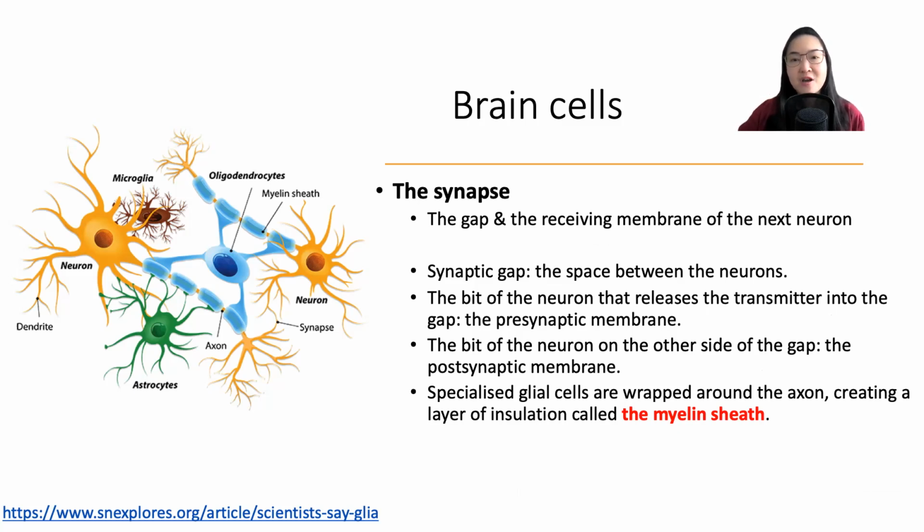The part of the neuron that releases the transmitter into the gap is called the presynaptic membrane. The part of the neuron on the other side of the gap is called the postsynaptic membrane. Specialized glial cells are wrapped around the axon, creating a layer of insulation called the myelin sheath.